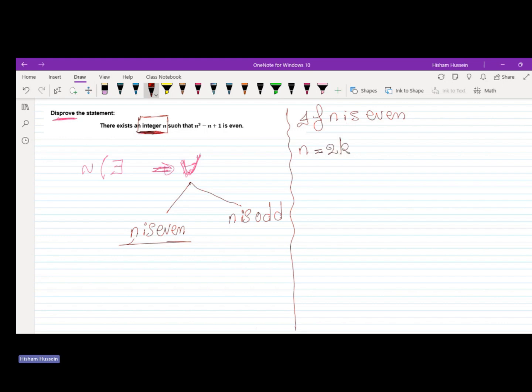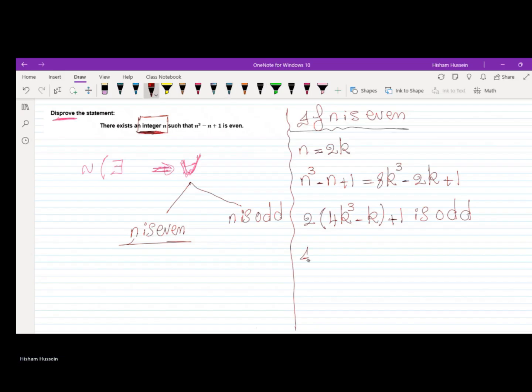Just substitute in this statement. n cubed minus n plus 1 becomes (2k) cubed, which is 8k cubed, minus 2k plus 1. We factor 2: 2 times (4k cubed minus k) plus 1, which is odd. This is for n even.